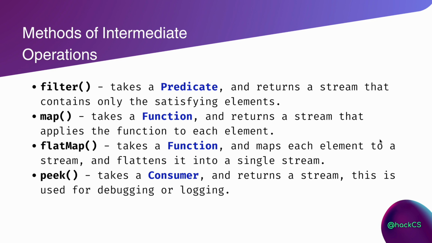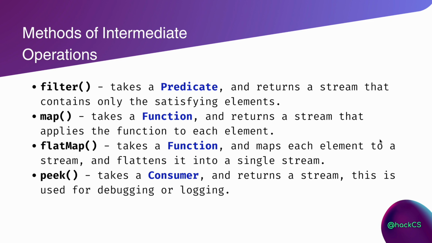Predicate, function, consumer, these are all functional interfaces which were introduced in Java 8. In this video, I am not going to cover all these things. If you like this video, I will create another video covering the functional interface topic. But for now, just consider that predicate is a form of input to the filter method.